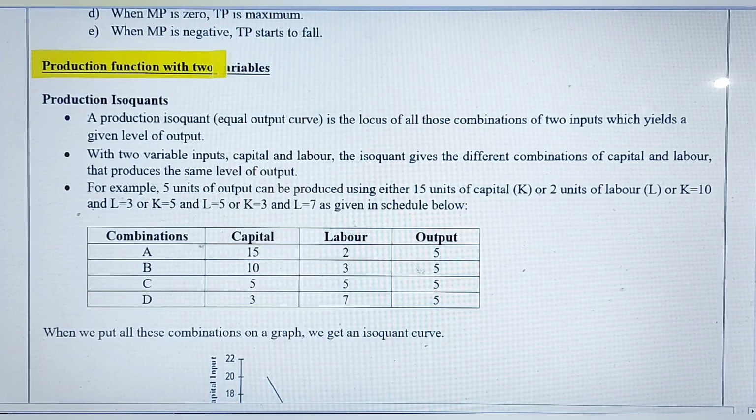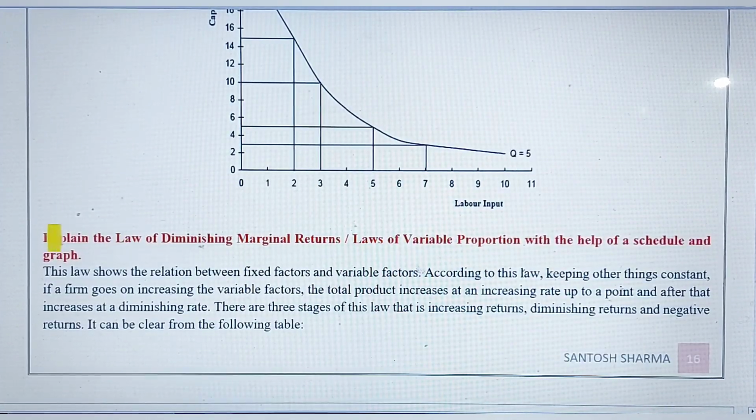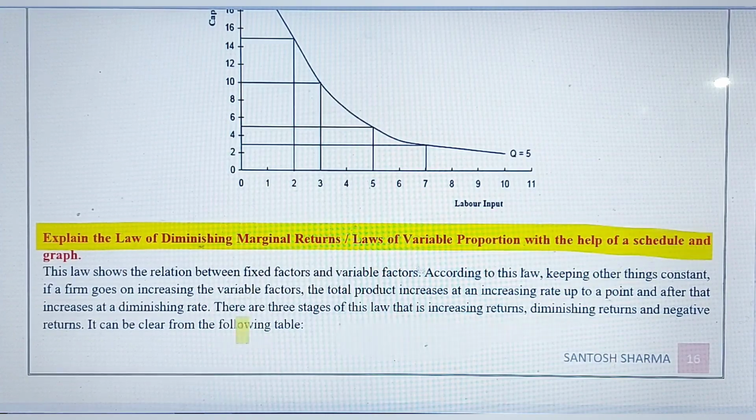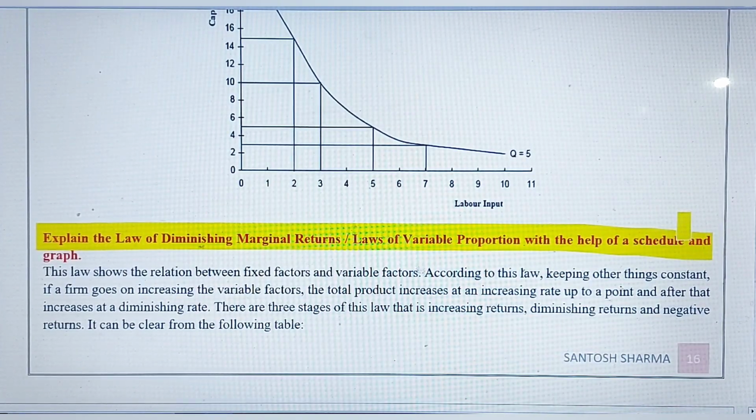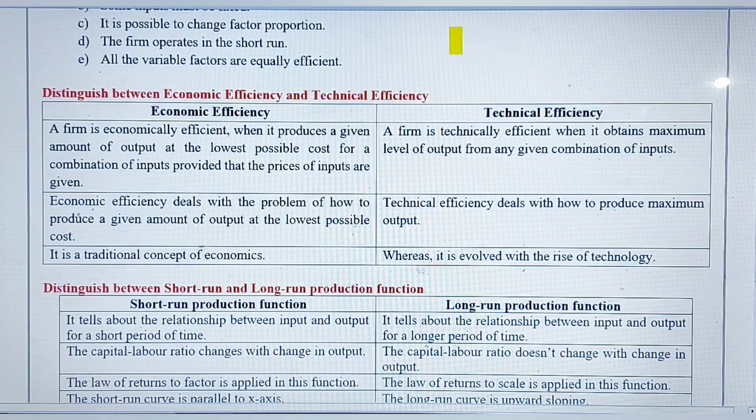And this is a production function with two variables. For this you need to learn this isoquant. So production isoquant, that is quite important for this. Then we have the next question from this unit: explain the law of diminishing marginal returns or law of variable proportions. Again an important law, and for this you need again schedule, graph, assumptions, so all this.